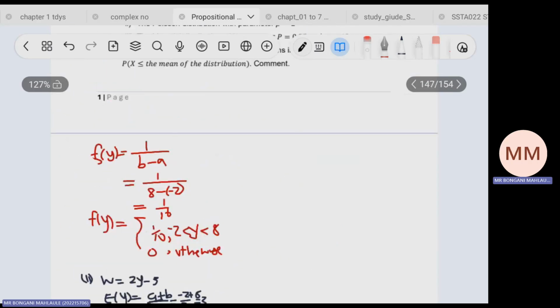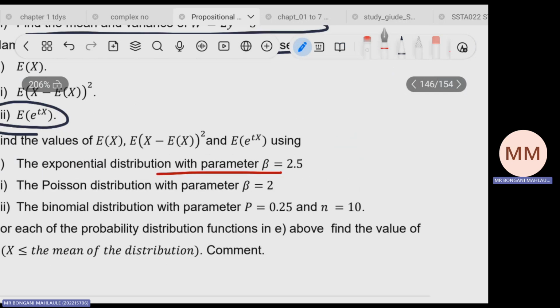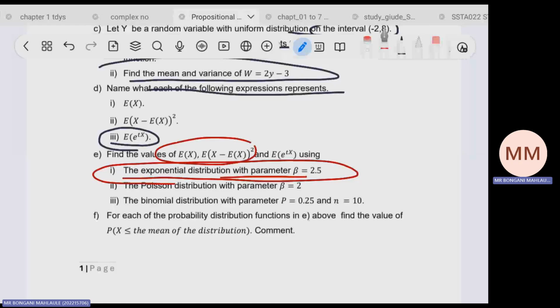They say, find the values of the expected value using the exponential distribution, beta equal to 2.5. So for exponential, we must find the variance, the expected value, and the MGF.